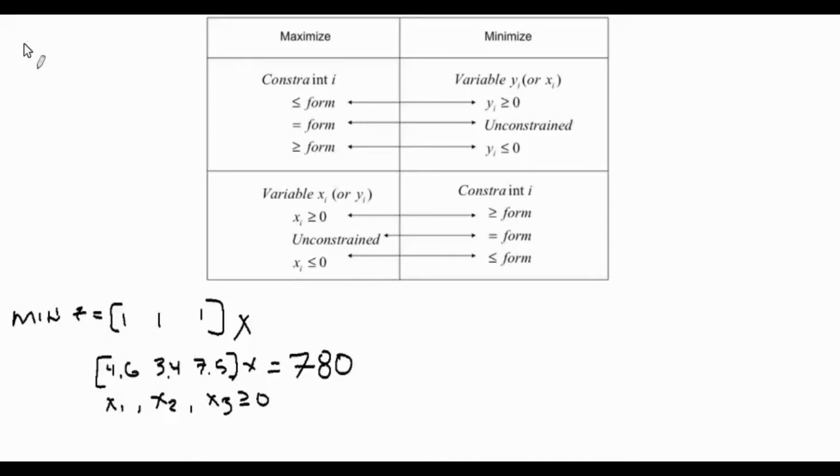Step 5 of the 6-step process is figuring out the sign restriction on the dual variable. Well, pi is associated with that primal constraint. Let's look at our primal dual grid. Our primal problem is a minimization problem. Let's go down this column until we get to the constraint of the right form, which is equality.